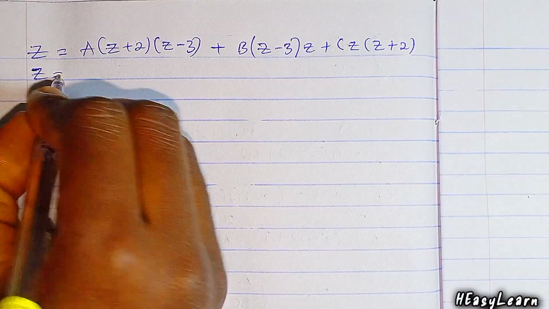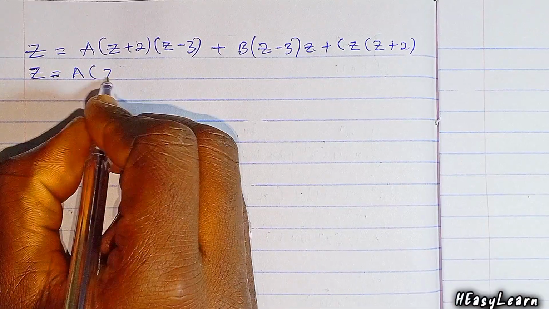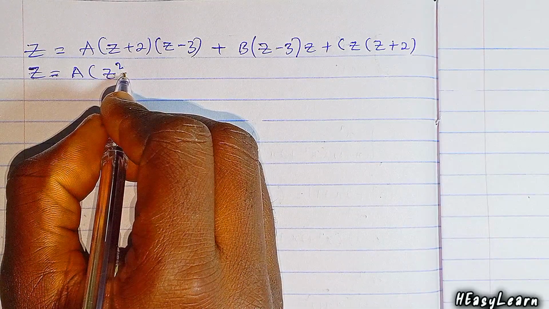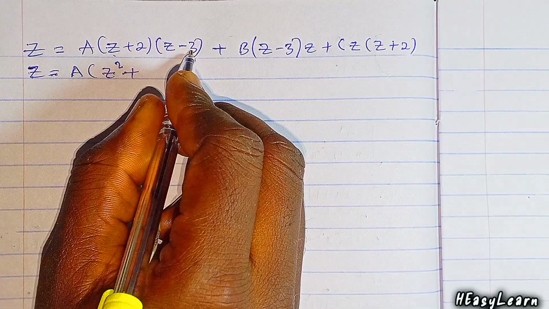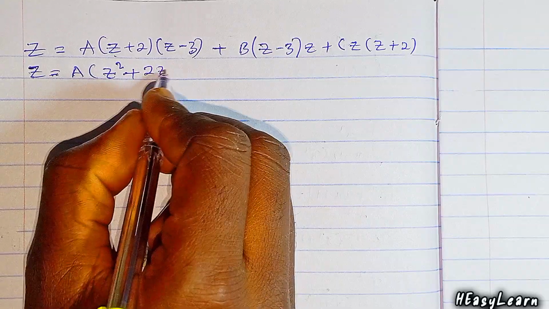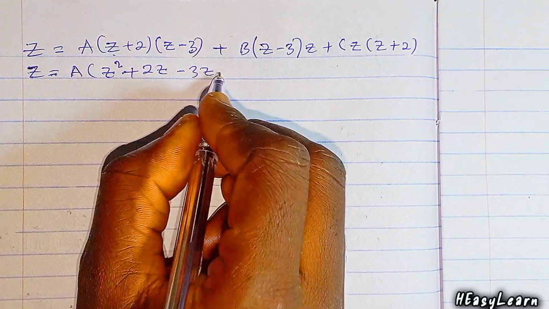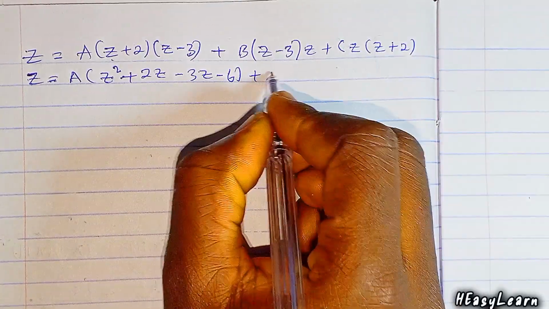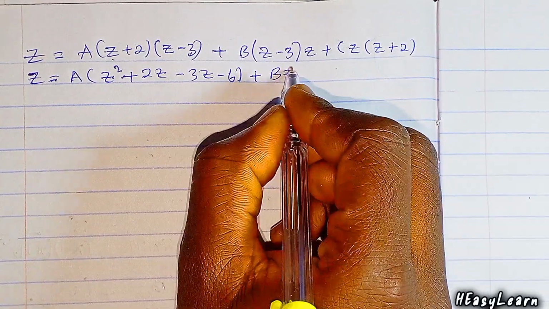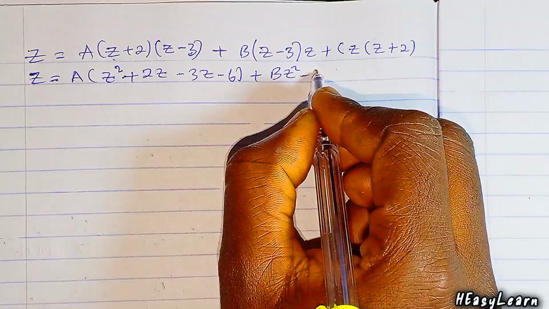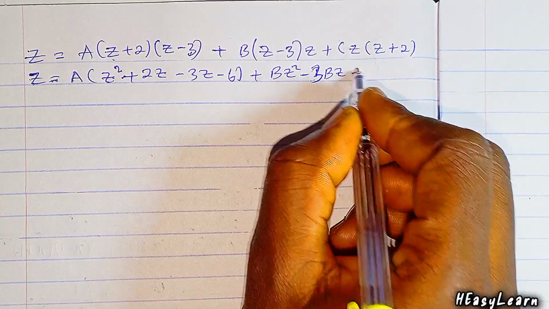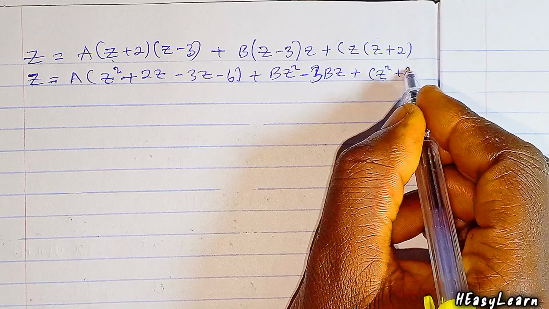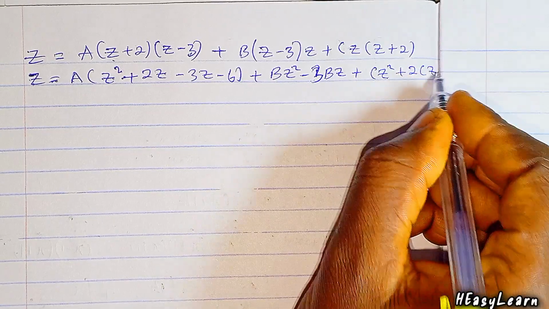The aim is to find the undetermined coefficients a, b, c. z squared plus 2z minus 3z minus 6, plus bz squared minus 3bz plus cz squared plus 2cz.